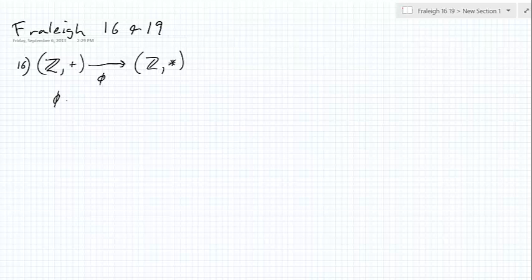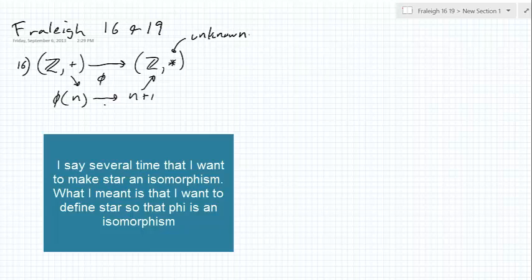And phi takes a number n from here and maps it to n plus 1, and that's in here. We know what phi is, but we want to define star, which is unknown, so that it's an isomorphism.